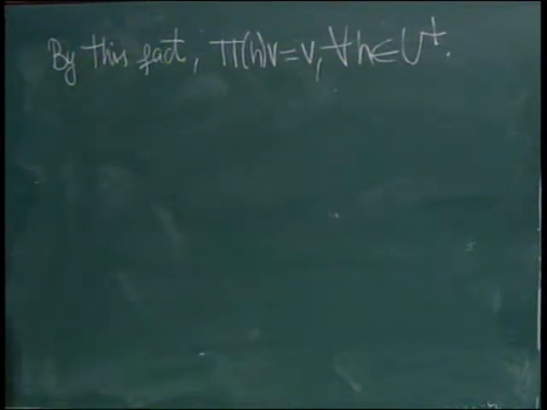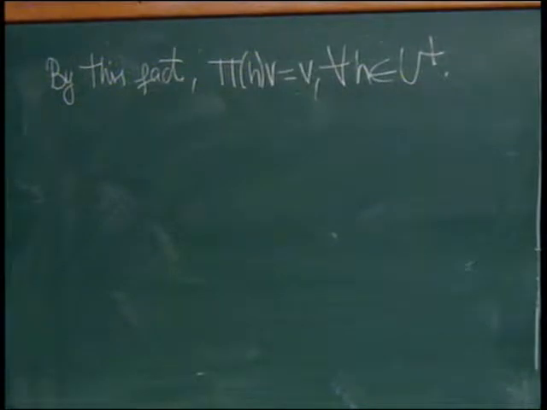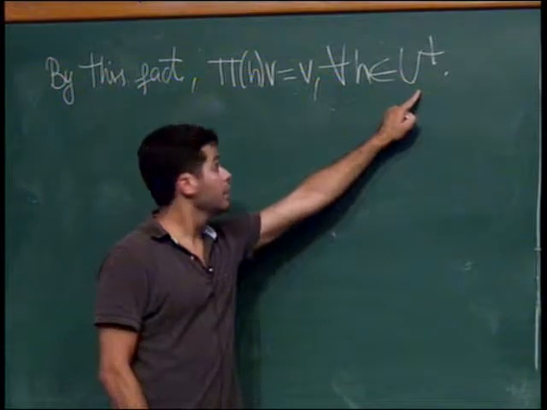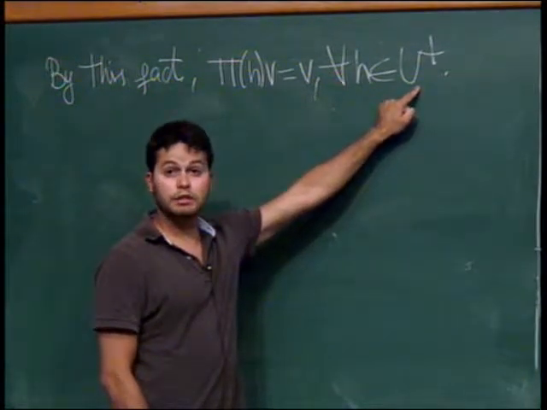Okay? So we begin with a vector which is fixed by only one element. The property is that this element is a diagonal element. This very property guarantees that V is fixed by many elements, by any element of U plus.